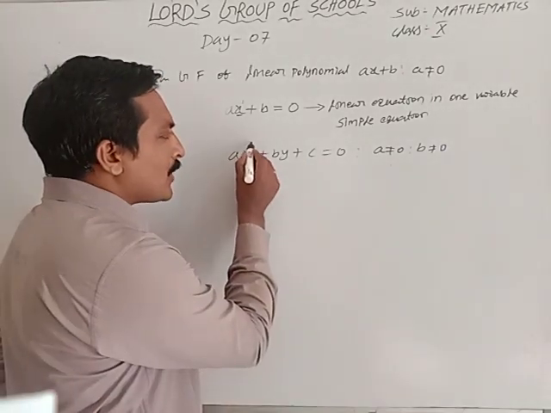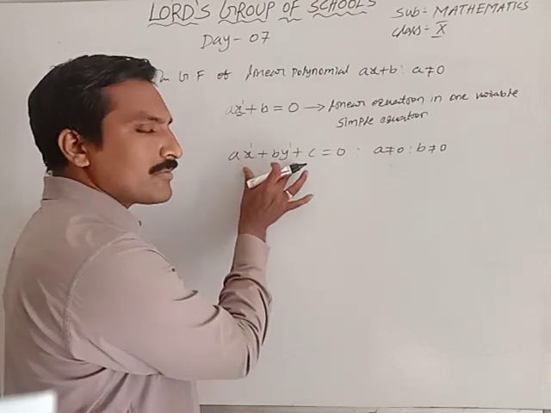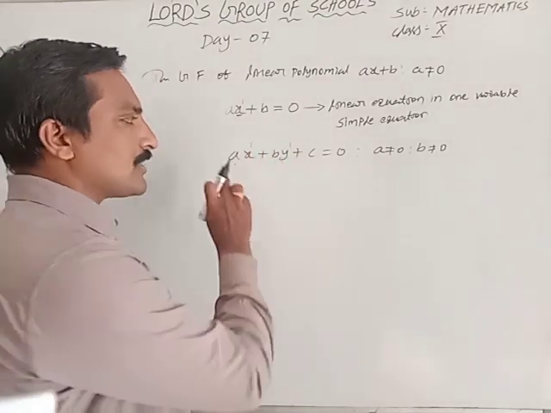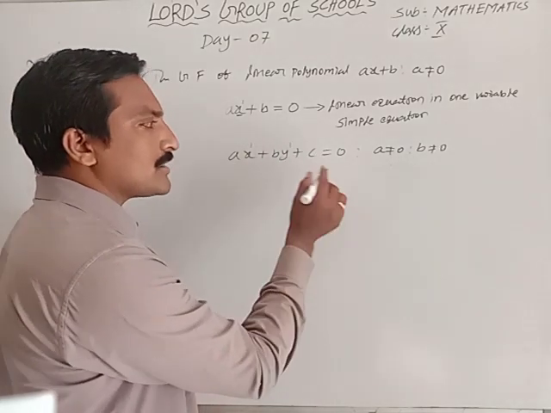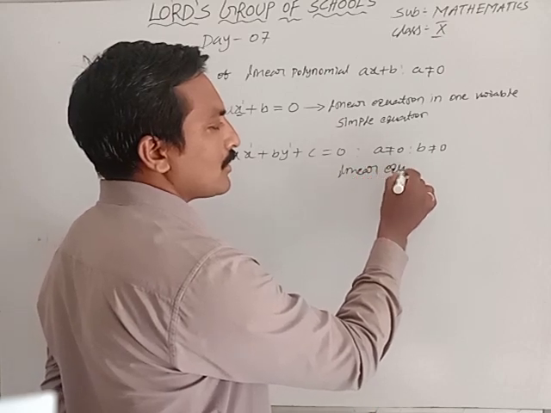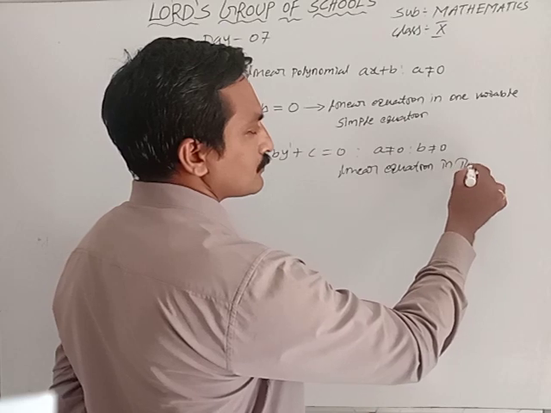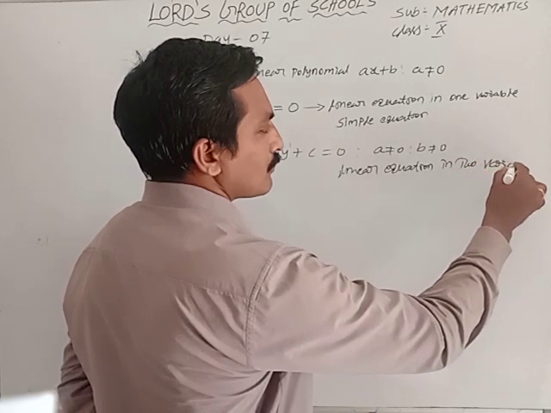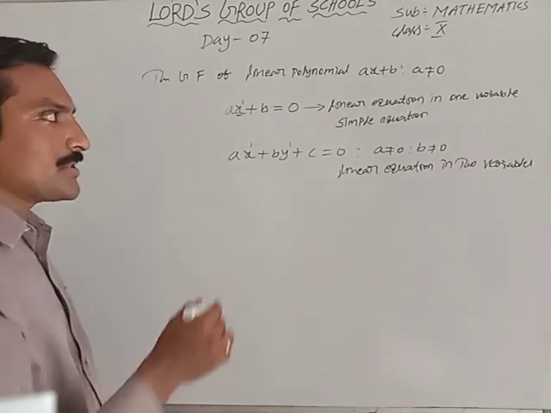The first variable's power is 1 and the second variable's power is also 1. The degree of this equation is 1, so it is linear, and with two variables, it is a linear equation in two variables.